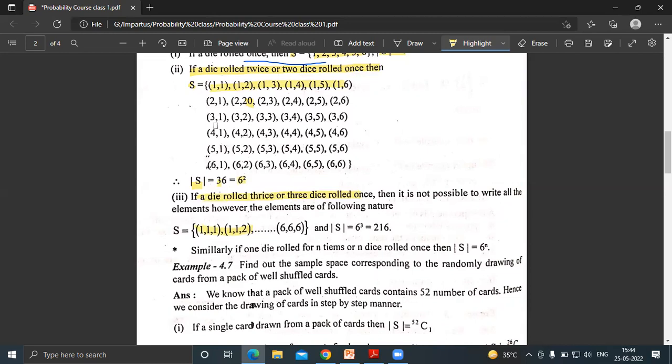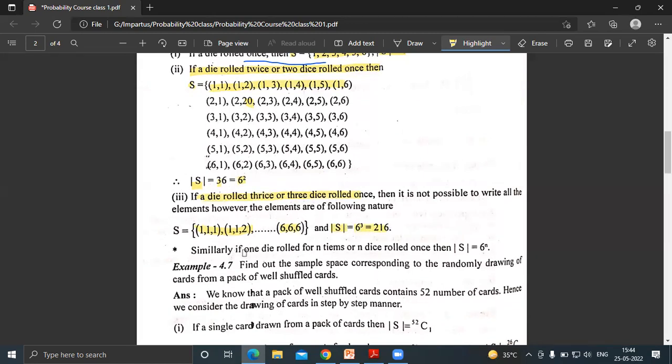Then 2,1,1, 2,2,1, 2,1,2, 2,1,3. Like this you will write all elements, but the last element is 666. If you count, you will get a sample space cardinality of 6 to the power 3, that is 216.